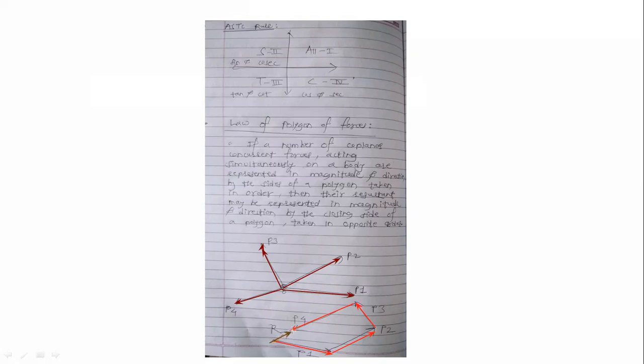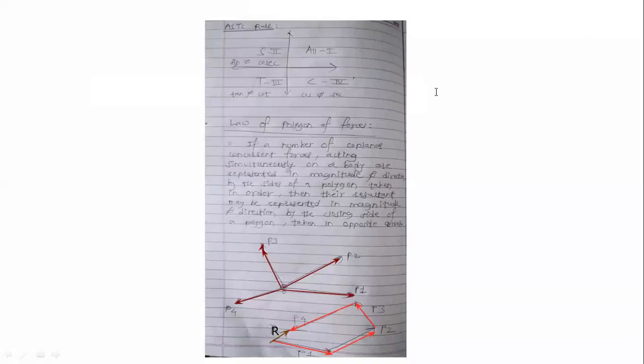So here we are drawing again this arrow in the opposite direction to all this, anti-clockwise. All forces here are anti-clockwise, but the resultant is clockwise, right? Taken in opposite order as per the expression. And in the end, we got this R. R is nothing but the resultant of this polygon.